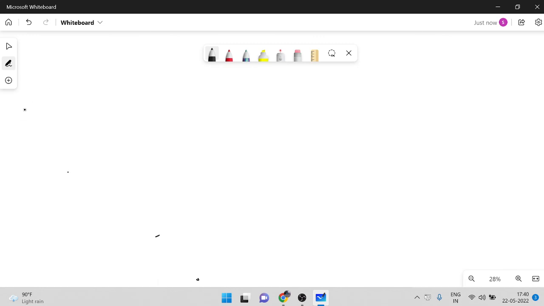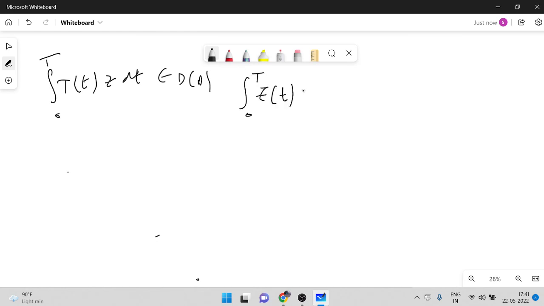Now I'll just give an identity directly. The integral from 0 to capital T of T of t into z dt belongs to the domain of A, and the value of the integral, A times the integral from 0 to T of T of t z dt, equals T of capital T z minus z.